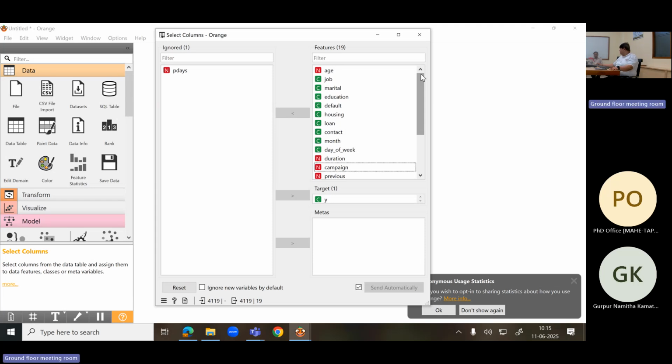Now, if you recall the last few sessions, I talked about some techniques to do feature selection, like the filter-based technique, then the penalty-based method, and also the exhaustive method.